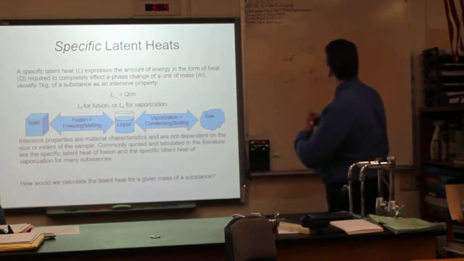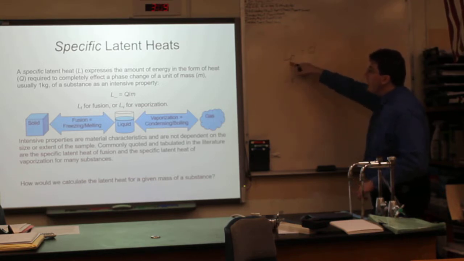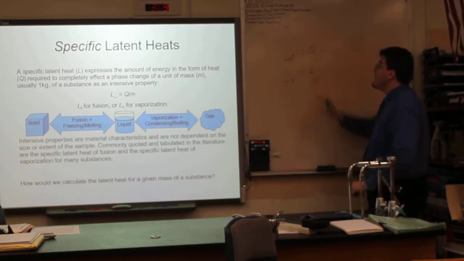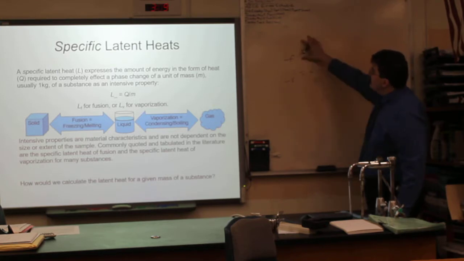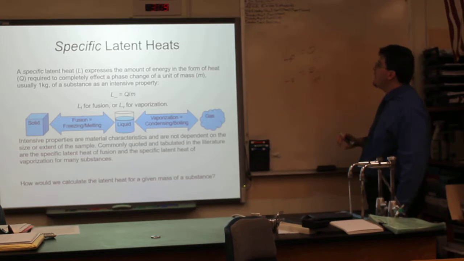All we need to do is change what we want to the other side of the equation. So if latent heat of fusion or vaporization is on one side of the equation, and the heat is on the numerator and the mass is on the denominator, we want mass over on this side alone.